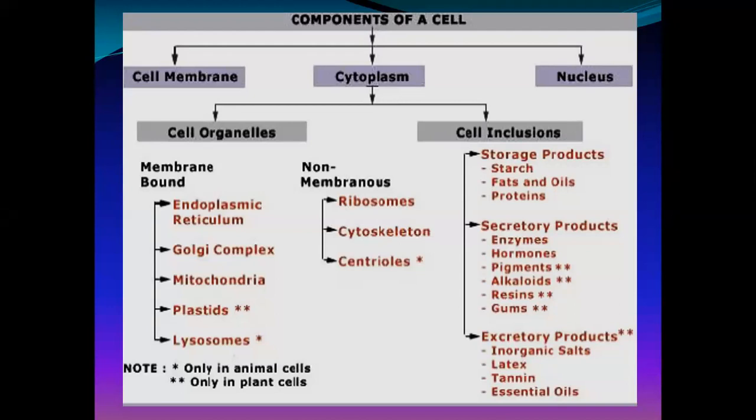Excretory products will be there in the cell: inorganic salts, latex, tannins, essential oils, depending on whether it is a plant or animal cell. So the cytoplasm is divided into two categories, cell organelles and cell inclusions. Cell organelles are divided into membrane-bound cell organelles and non-membranous cell organelles.